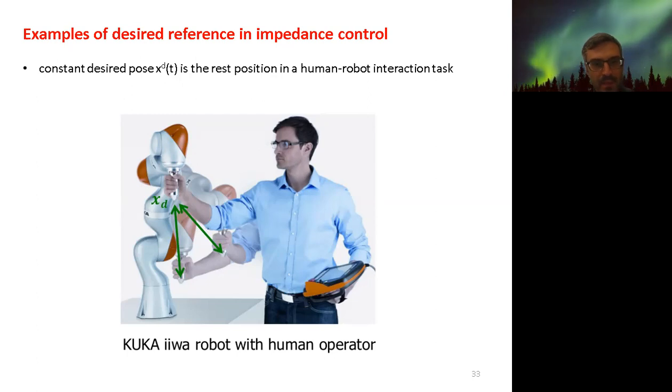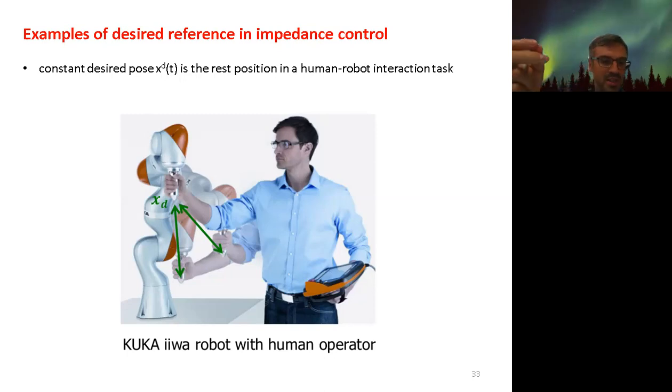The user is carrying around the end effector, and when the human moves the end effector, this generates an error with respect to the desired pose XD. In response to this, the robot will generate a force according to the impedance model.